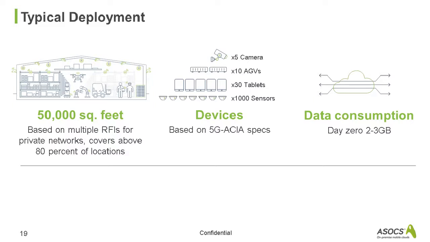The other element is to realize about devices, specifically in 5G, given where the market is at, but also given the significant differences or advantages that 5G can provide. We're not talking right now about big device installations. So the average installations we are seeing now are in the tens of devices.